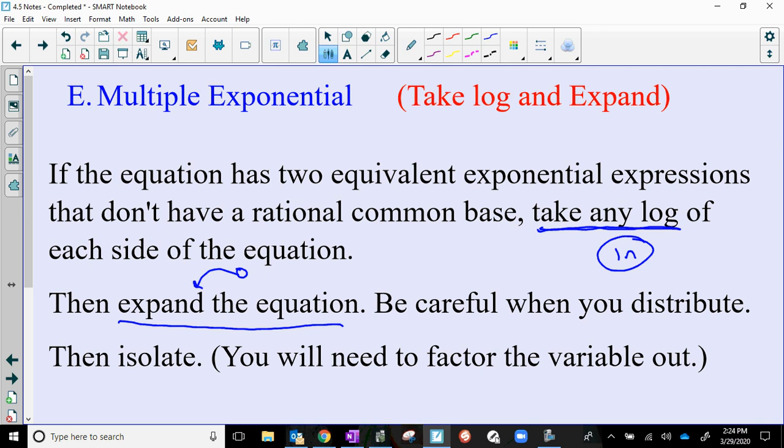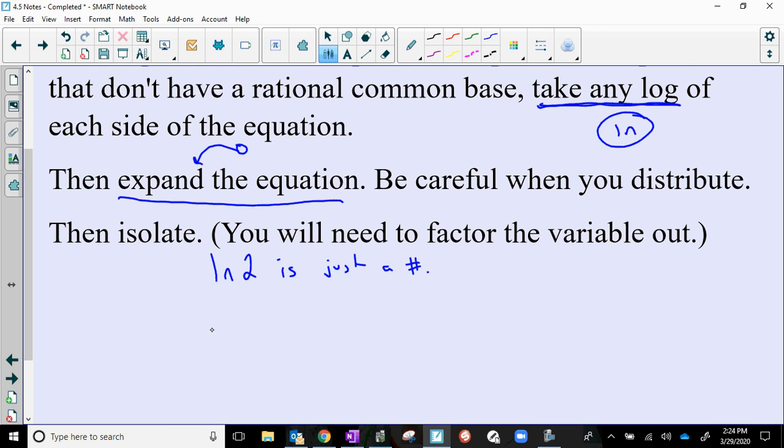A couple things I want to warn you of and make sure you realize. Natural log of 2 is just a number. So when you start seeing this, you're going to see some weird numbers like natural log of 2. So we'll eventually get to something that looks like 2x plus 3 equals 7. That's easy. Subtract 3, divide by 2.